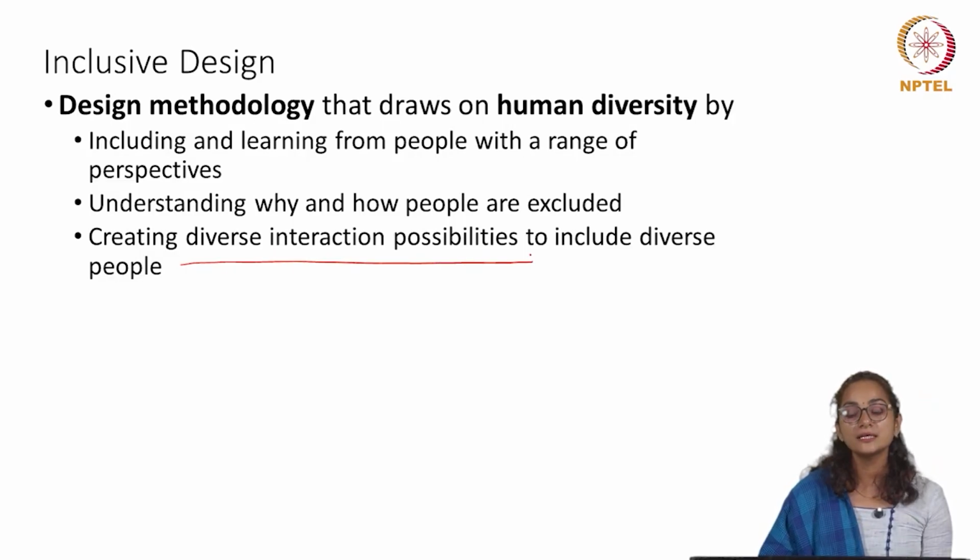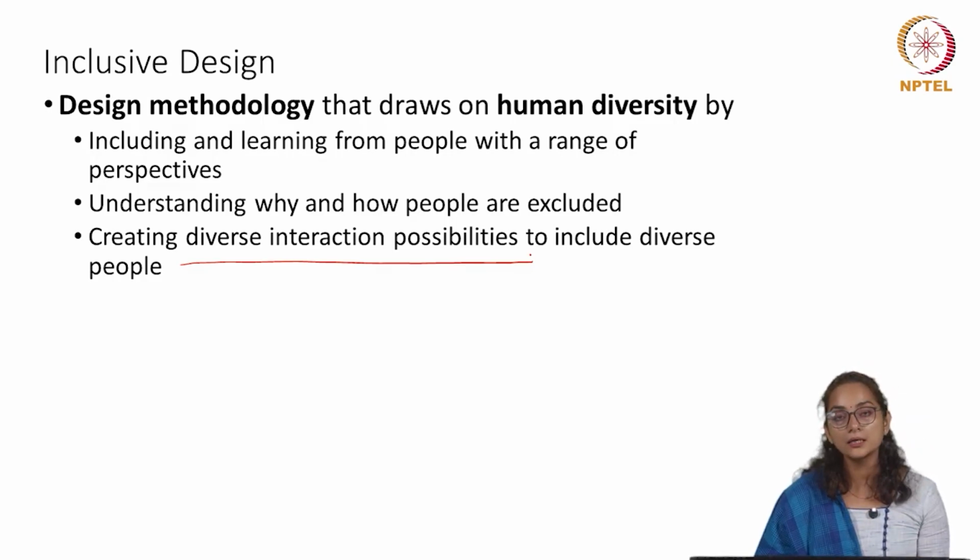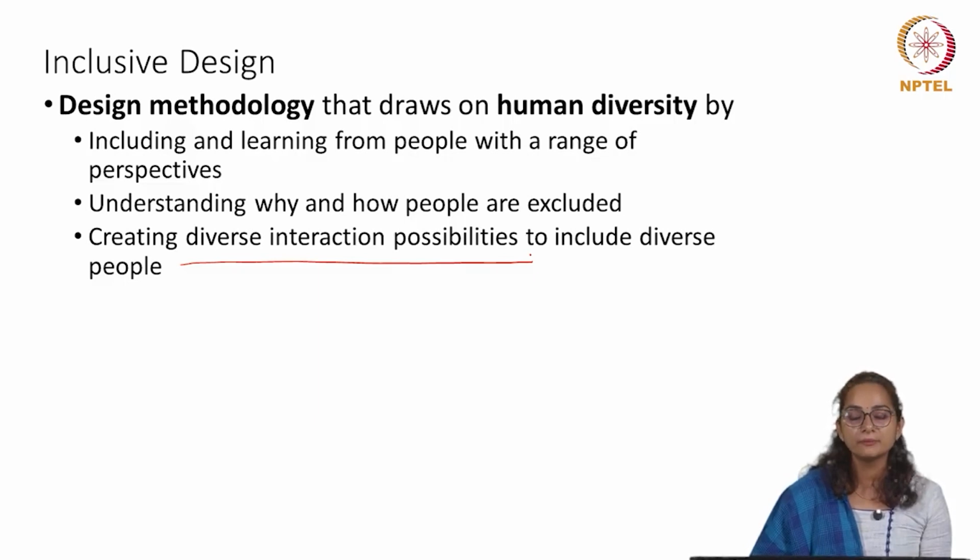So here what we are saying is, for example, in an interaction, if we enable closed captioning, if we enable audio feedback, if we enable visual feedback, if we enable tactile feedback, that means we are enabling multimodal feedback, then probably we are able to inform different types of users with different types of disabilities about the various functioning and features of the application or the product.